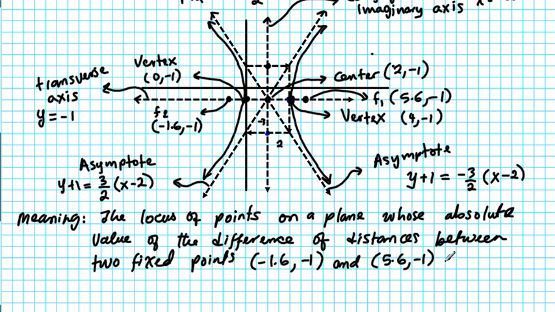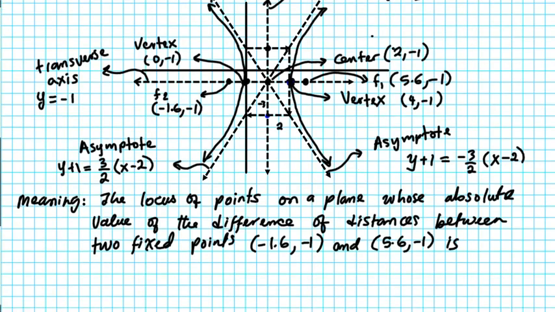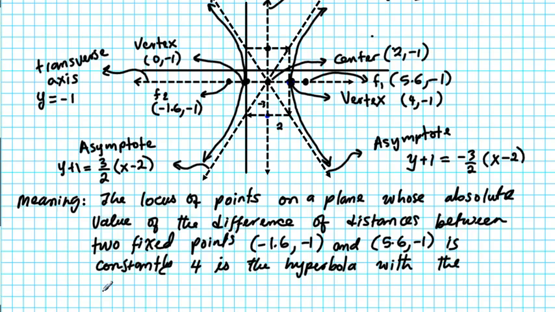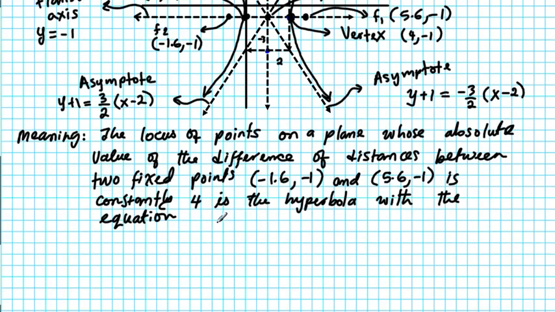So the locus of points on a plane whose absolute value of the difference of the distances between two fixed points is constantly, you just find the length of your real axis, the length of this, so you go 2 to the left and 2 to the right, is constantly 4, is a hyperbola with the equation (x minus 2) squared over 4 minus (y plus 1) squared over 9 equals 1, which is basically the original equation.